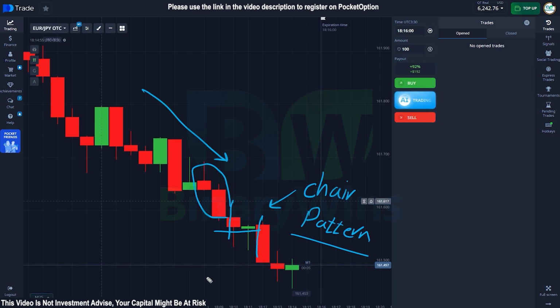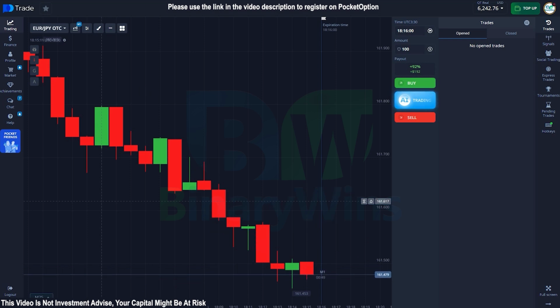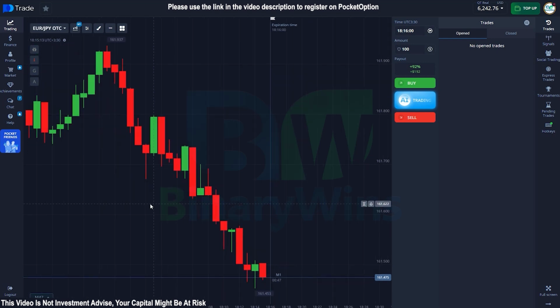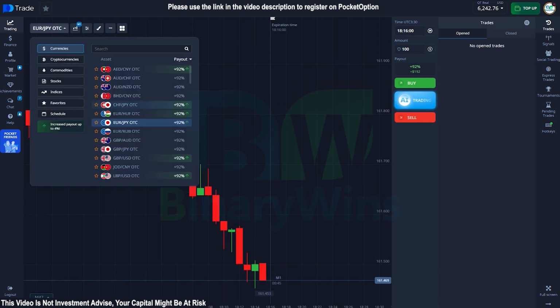And the red candles and the third candle of the pattern is a power candle. Okay, let's go look at another chart.